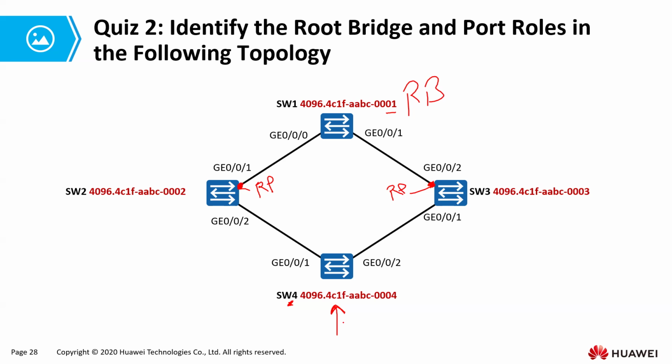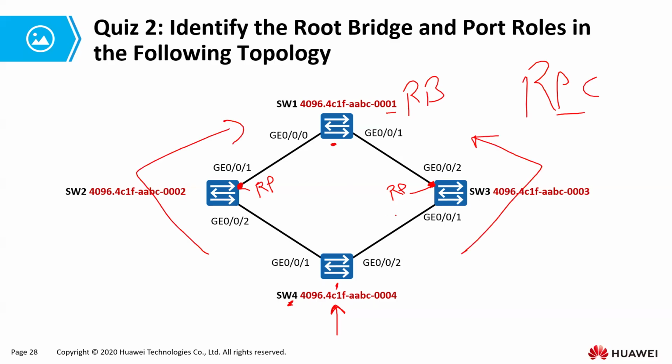Right, let me assist. The root port we find by using the RPC, the root path cost. So if I'm here, how do I get to the root bridge? I can go this way or that way.